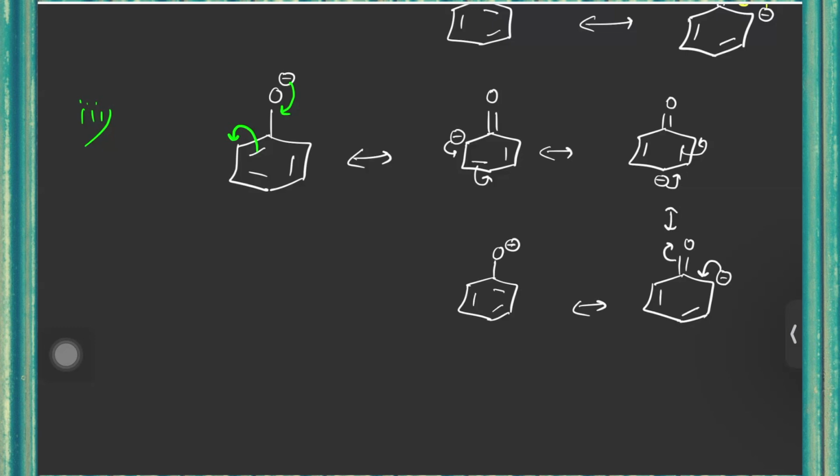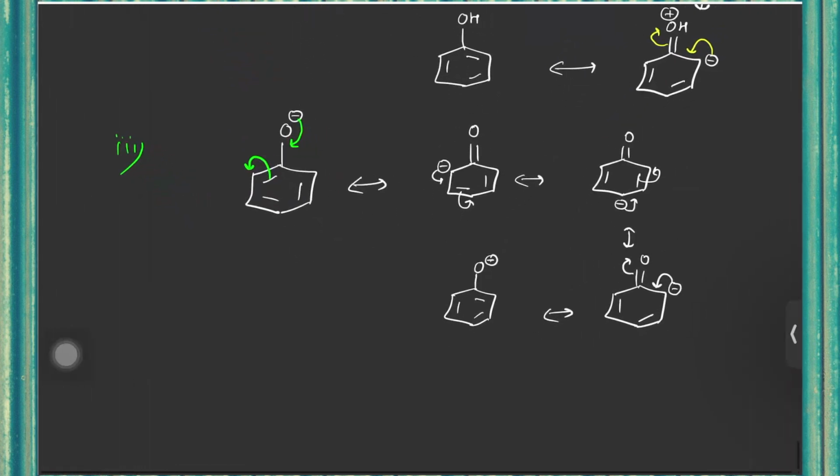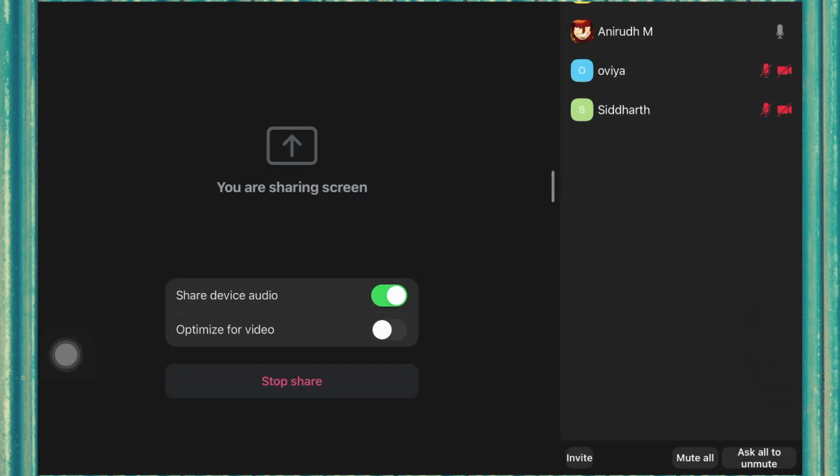Okay. So how many of you were able to draw all the RS correctly? Anirudh? Yes, sir. Afik? Yes, sir. Ovia? No, sir. Siddharth? Sir, I understood now.